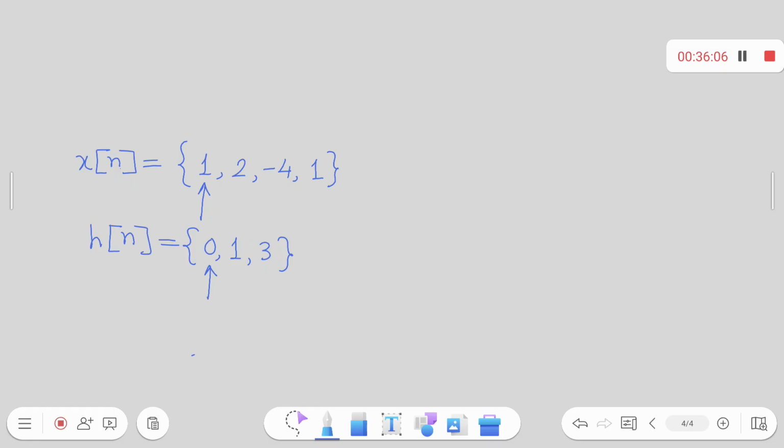I need to find out the output resulting from this when the impulse response of this LTI system is given by 0, 1, 3. Remember, impulse response of the LTI system. Even if your system is non-LTI, then also you can have some impulse response. But that doesn't characterize the system. Make no mistake. What we want to emphasize is that it's not that for all systems, the output is basically the convolution of the input and the impulse.